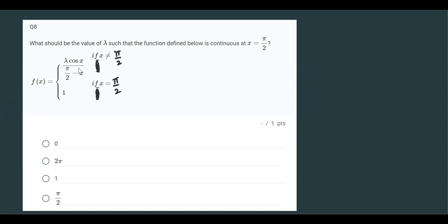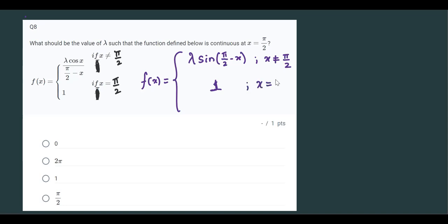I can write this as lambda into sine of pi by 2 minus x, divided by pi by 2 minus x, for x not equal to pi by 2, and equal to 1 for x equal to pi by 2.